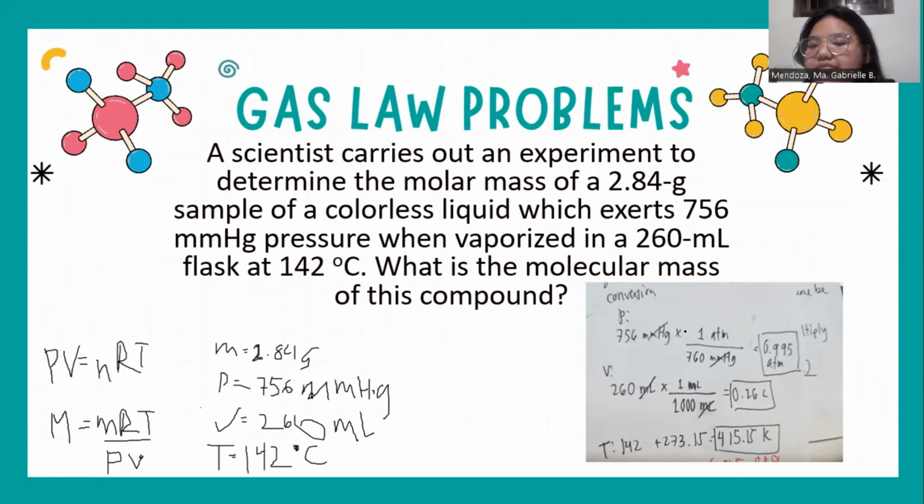Ganito lang mag-convert. Yung sa volume, di-divide mo lang yung given sa 1,000 ml to get liters. So, that would be 0.26 liters. And yung sa temperature, add ka lang ng 273.15. So, that would be 415.15 Kelvin.